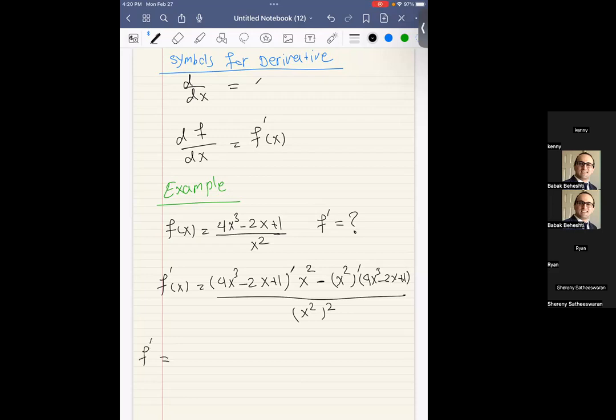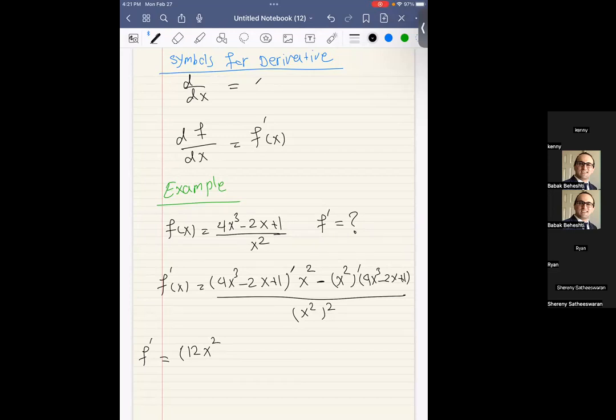Now, what is the derivative of 4x cubed? 4 times 3x squared, which is 12x squared. Then what is the derivative of minus 2x?